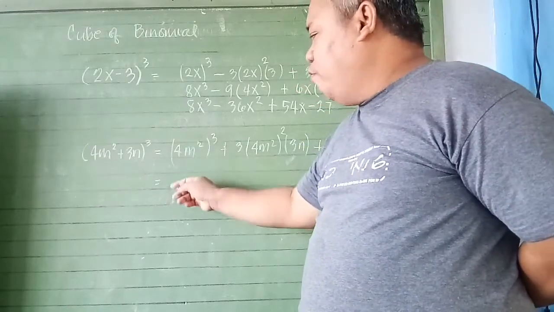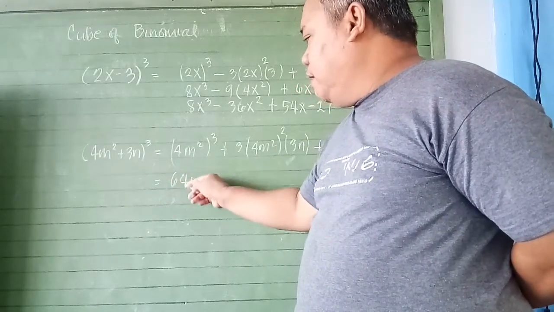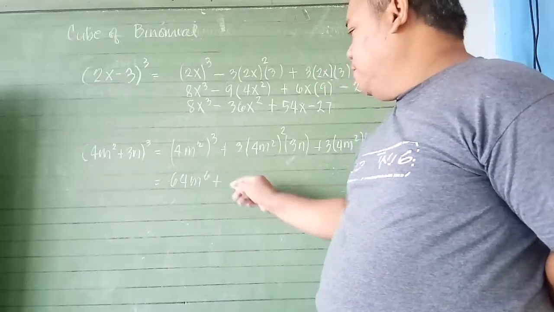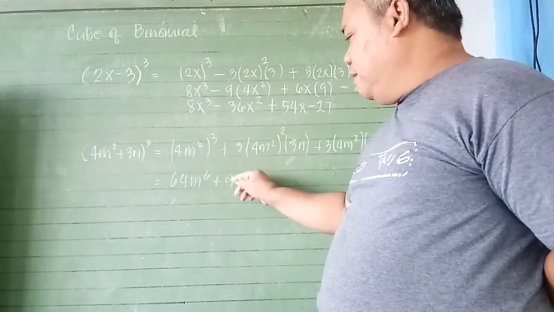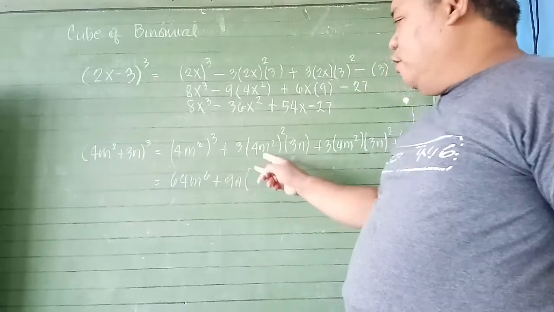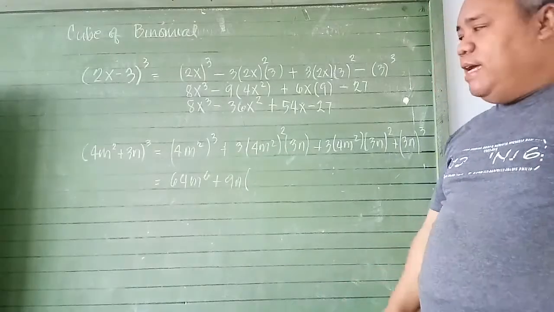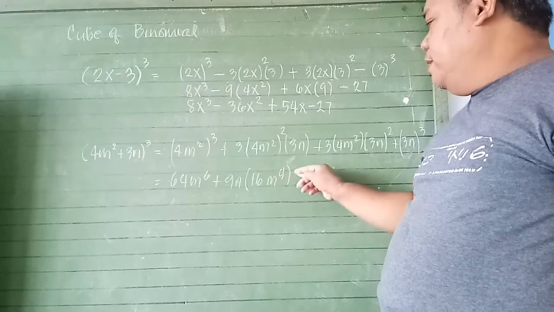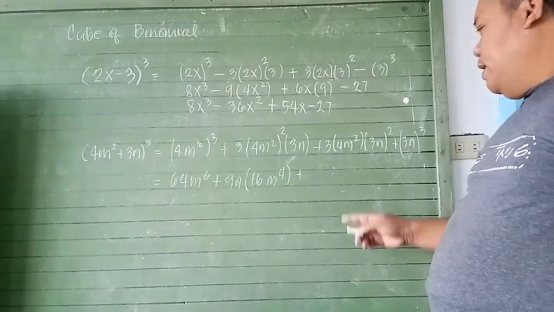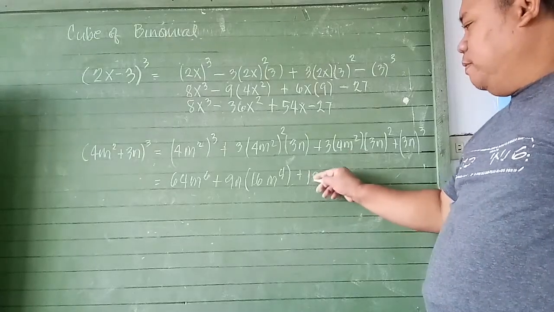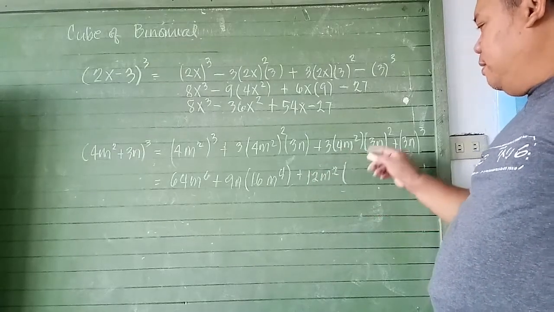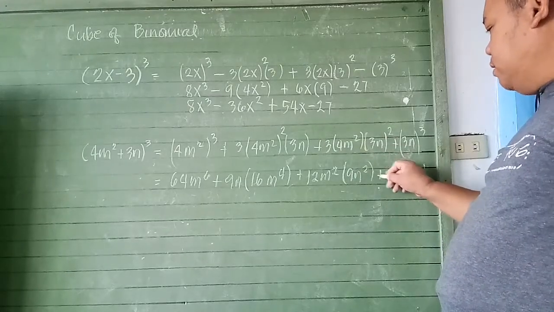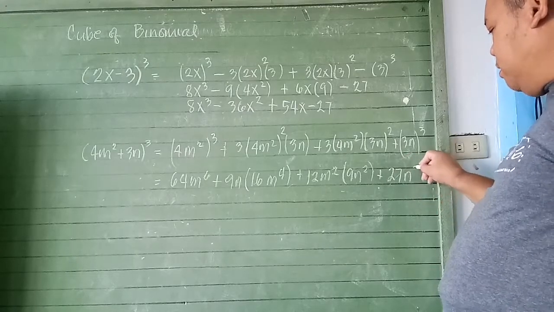This is cube of 4 is 64 n cube, n multiply, that's 6 plus ito muna, so 9n, then solve mo yan, itong in parenthesis, this is 16 m to the 4th, then plus, ito muna, so 12 m squared, 9n squared, then this is plus 27 n cubed.